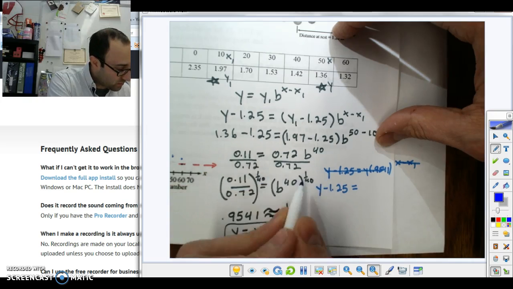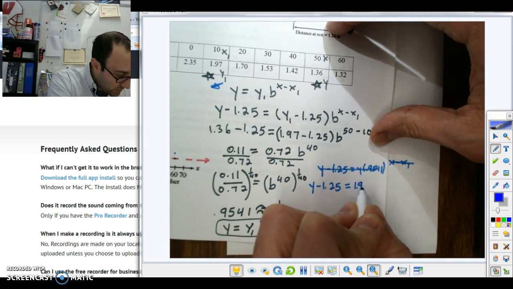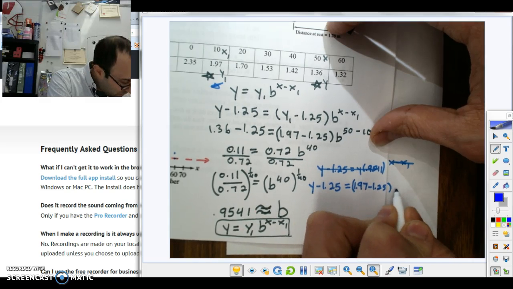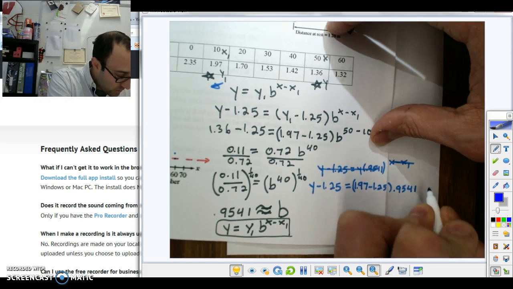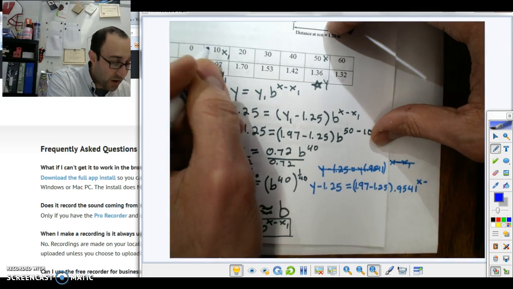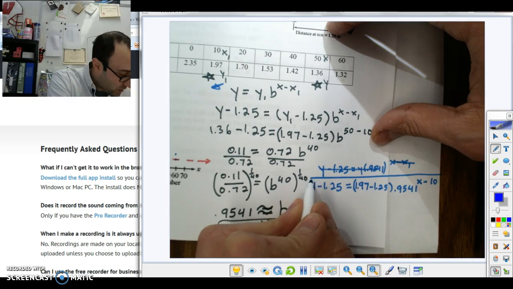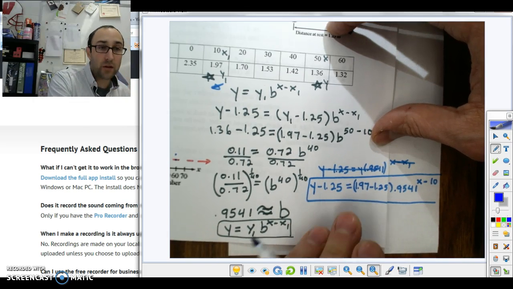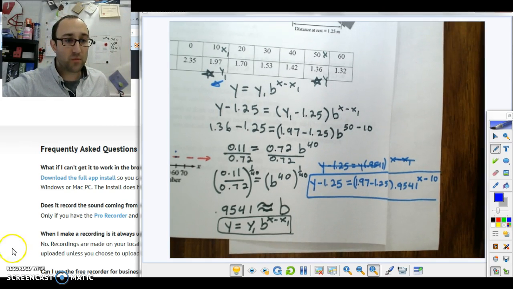Let's use our first point right here. So it's going to be 1.97 minus 1.25 times b, which is 0.9541 to the x minus, and then my x value is 10. And right here is our equation. Now I could simplify that up, sure I could, but I'm going to leave it just like that. Alright, so there is how we do that problem, and enjoy.